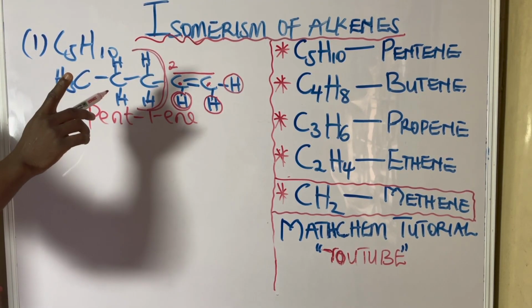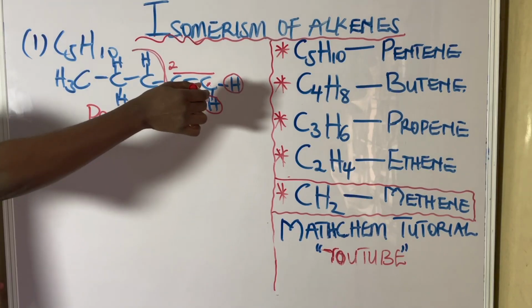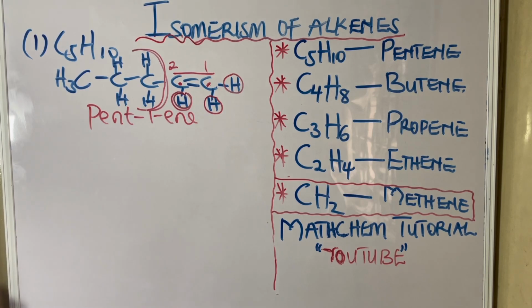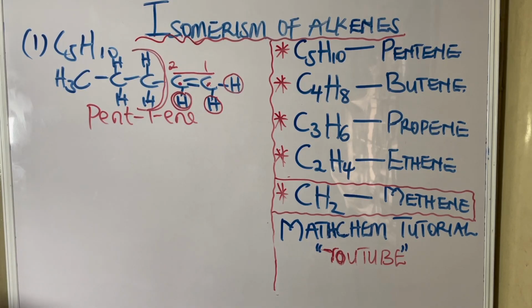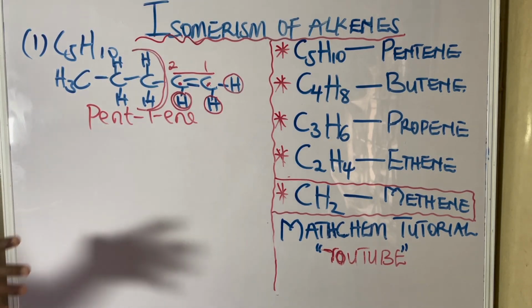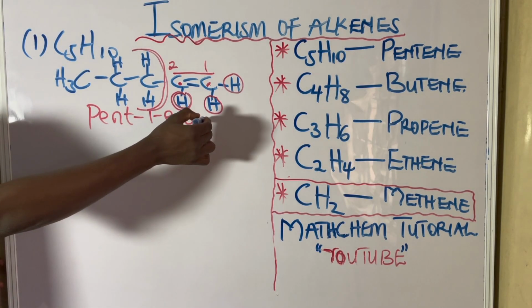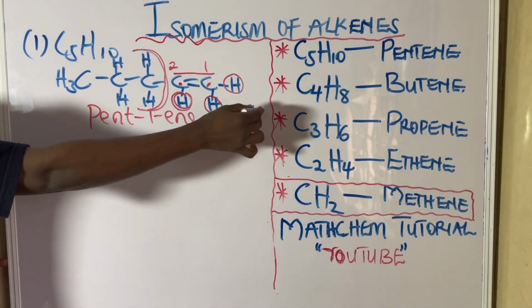The groups are the same and the groups must be different. So in this case, you can never see any cis and trans from this pent-1-ene. So that's the first isomer. Let me name it as first. So this is the first.